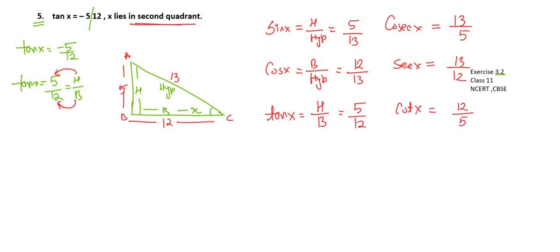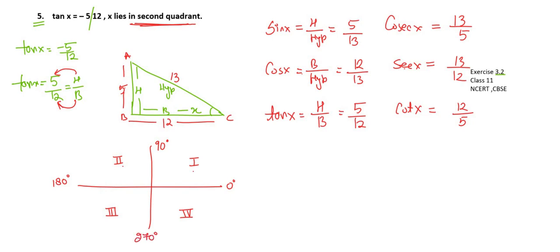Now since it is in the second quadrant, as I told you in my previous video, this is first, second, this is third quadrant and this is fourth quadrant. If we look at angles, 0 degree here, here 90 degree, here 180 degree, here 270 degree and here back to 360 degree.